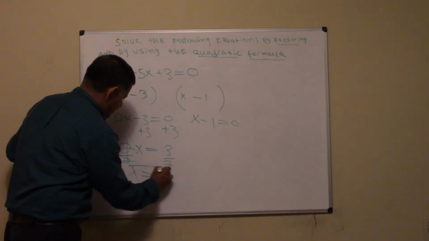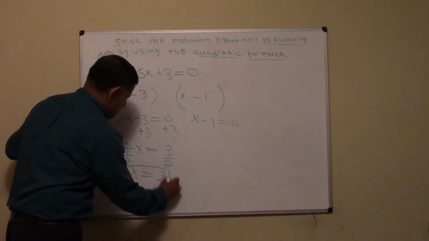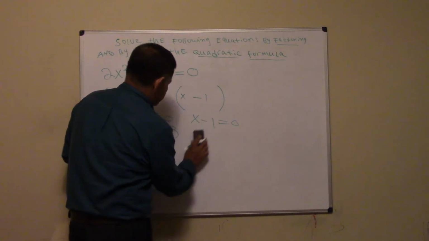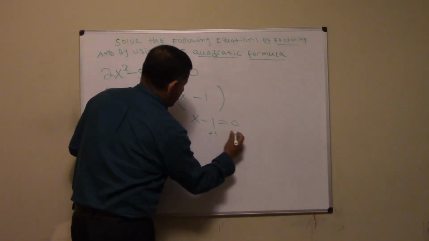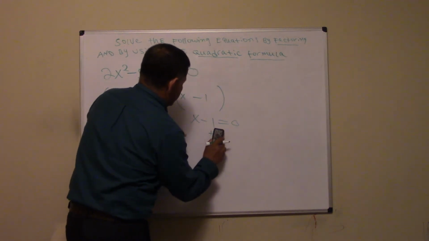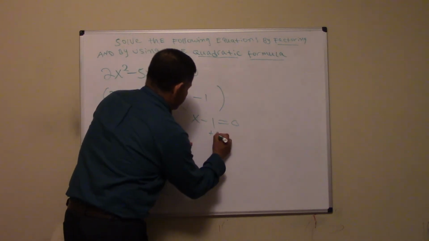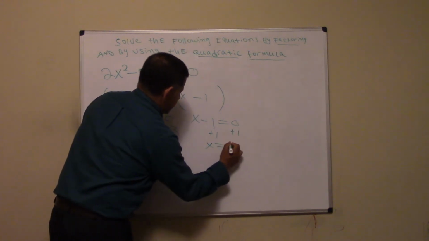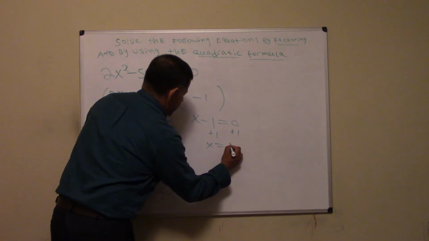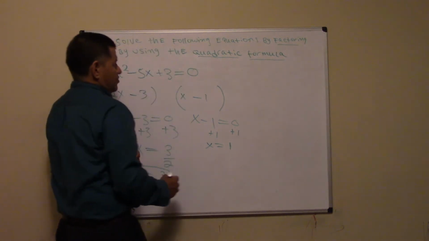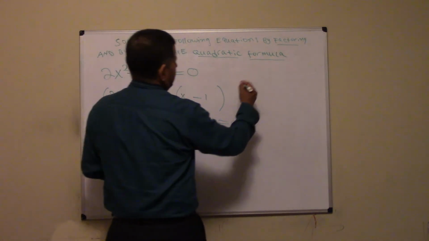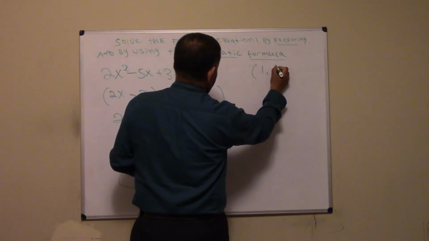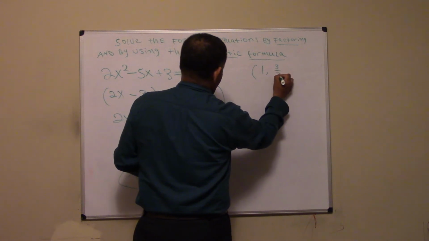And here I add 1 on both sides, and x is equal to just 1. So the solution by factoring is 1 comma 3 over 2.